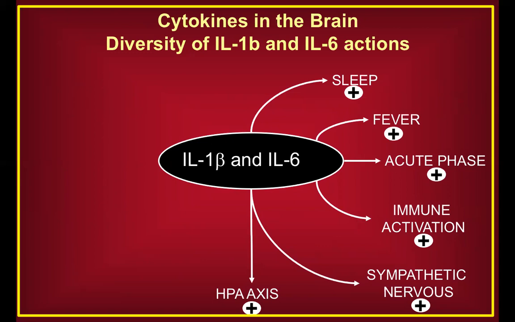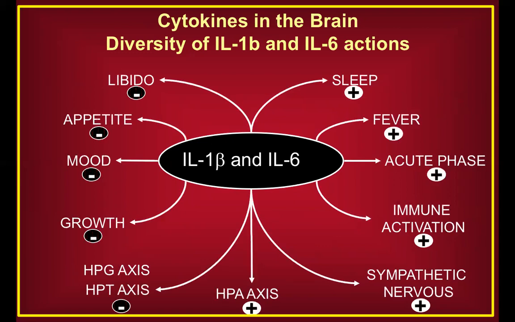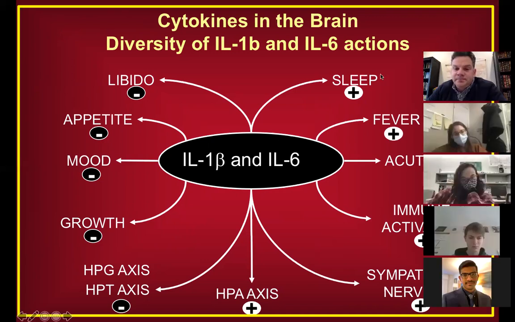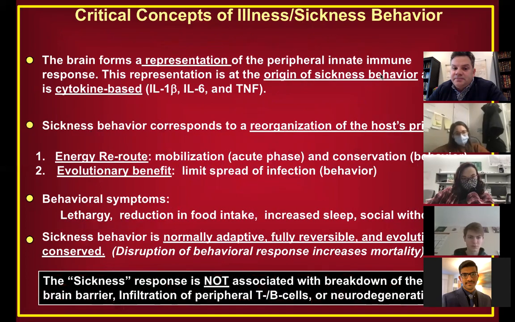And we're just going to do these activations at the expense of sex drive, appetite, mood, growth pathways. So the HPG and HPT are growth axes. So you're going to slow growth responses, save energy for these immune responses. Does that make sense to everybody? So it's this balance again.